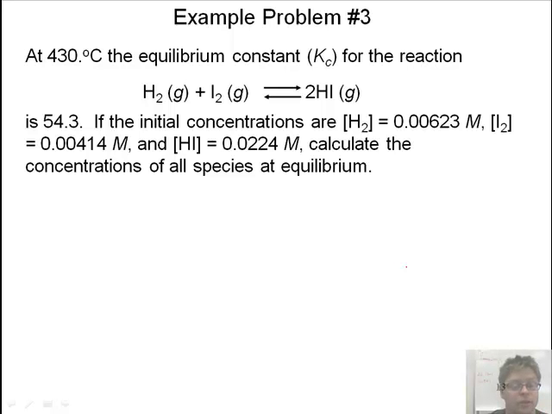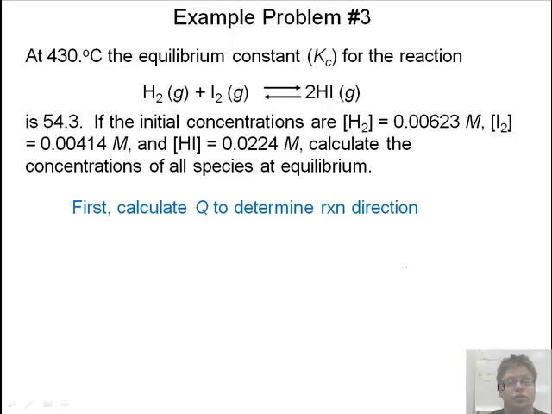Here, if we look at these, we have initial concentrations, example problem 3. What do we do first? Equation, initial, change, equilibrium. In this case, these are all initial concentrations, and it says calculate the concentration of all species at equilibrium.